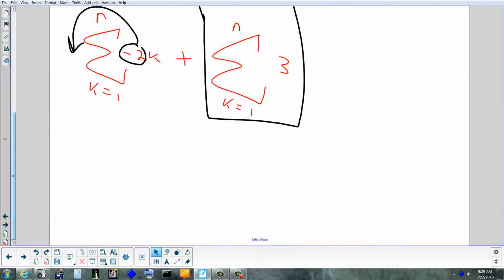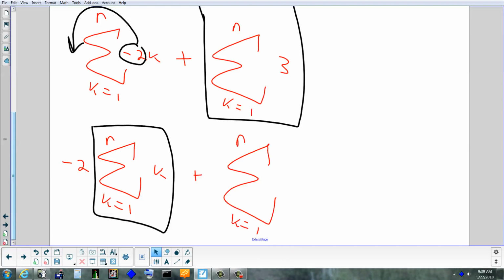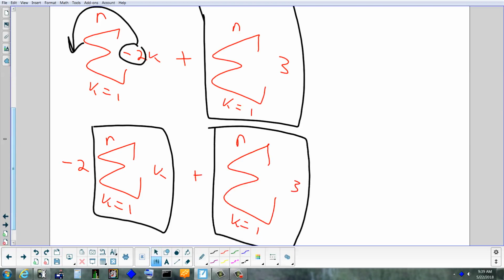So now we have negative 2 times the sum from k equals 1 to n of k. That's something we can substitute for. There's a formula to do that. That's the one I showed you on the graphing calculator. Plus the sum from k equals 1 to n of 3. That's another formula we can substitute for.